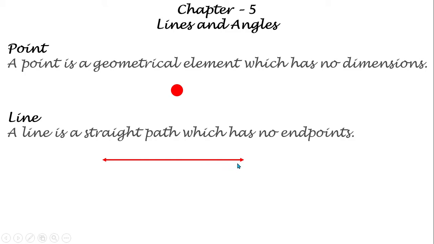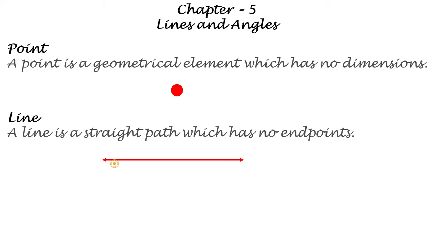These two arrows denote that there is no endpoint. So it can be extended from the left side or right side. How much can it be extended? It can be extended indefinitely, infinite times from both the sides. So this is a line.